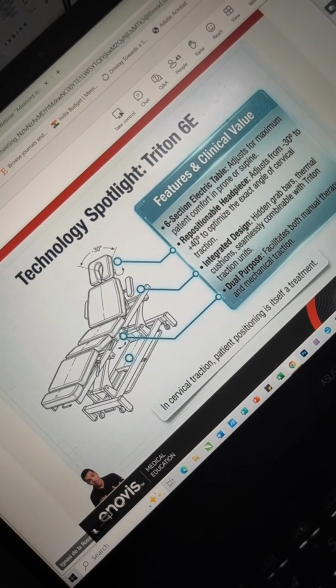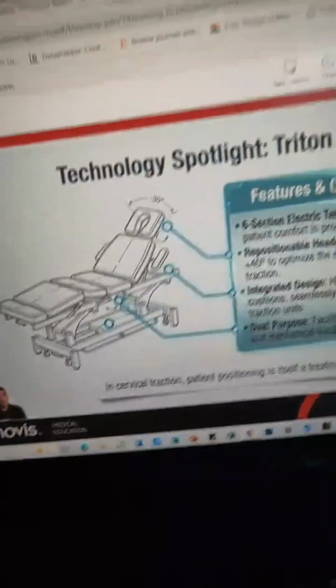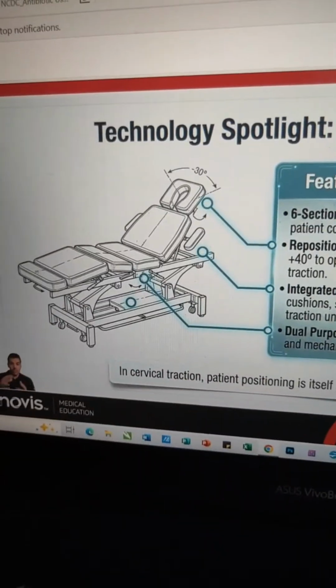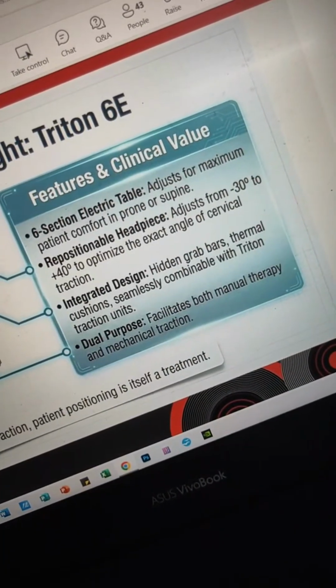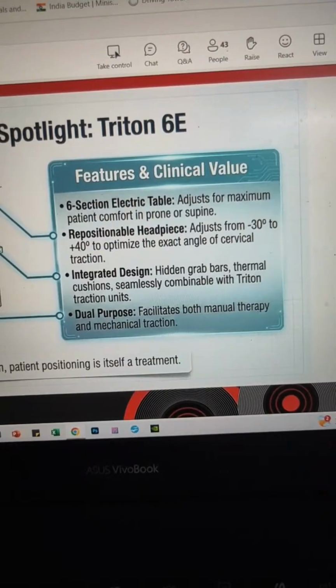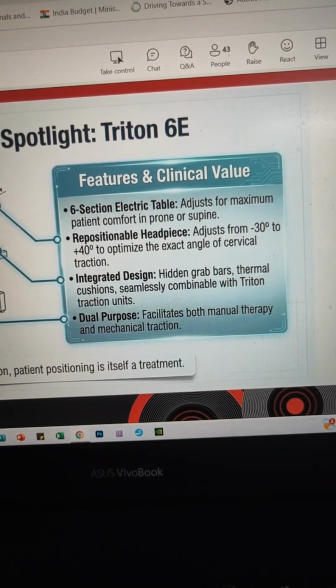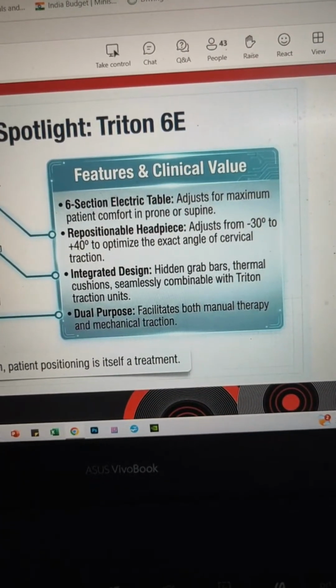And for the cervical region specifically, a special feature is the ability to reposition the head between -30 and +40 degrees, which allows you to adjust the angle according to the most comfortable position and the patient's clinical response. Normally, we achieve the best therapeutic success when it is properly aligned and with intermittent programs that are not too aggressive for most patients.